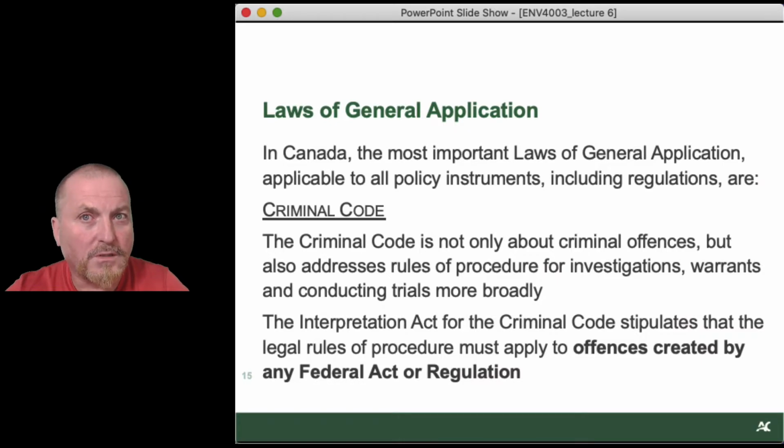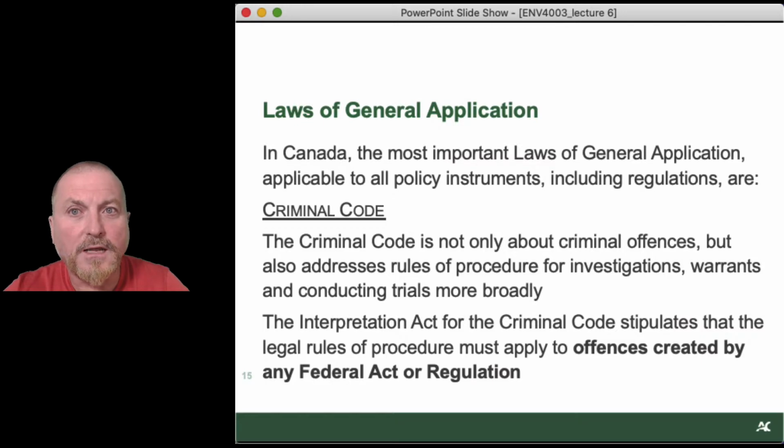And the Criminal Code is not only about criminal offenses the way we think about it when we're watching Law and Order on TV, but also addresses rules of procedure for investigation, warrants, and conducting trials more broadly, all right? So, how information must be collected, how it must be tagged, how it must be stored, all of that applies to an environmental enforcement officer just as it does to a detective in the Ottawa Police Force, all right?